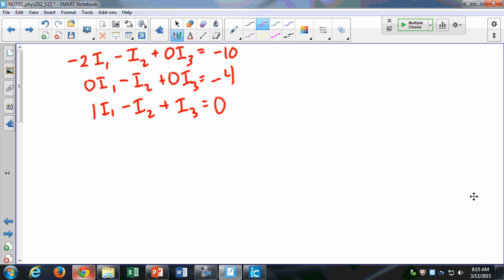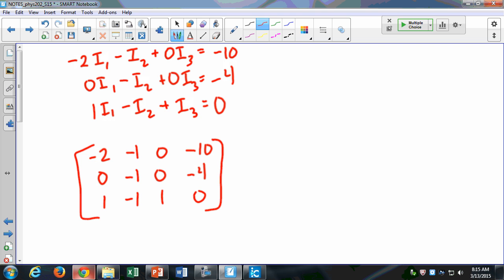All right, and then we take the coefficients of each of these. We can write a matrix: negative 2, negative 1, 0, negative 10; 0, negative 1, 0, negative 4; 1, negative 1, positive 1, 0. This is called an augmented matrix. It's augmented because it has this extra column on the side.